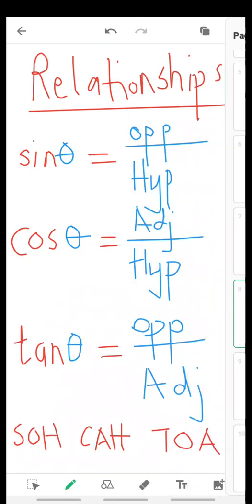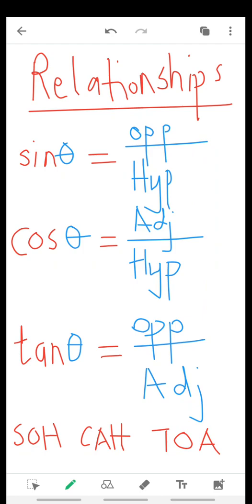Having said that, let's look at these relationships. What are the trig ratios? We have the trig ratios sine, cos, and tan. Very important. So what does theta stand for there? Theta stands for an angle.